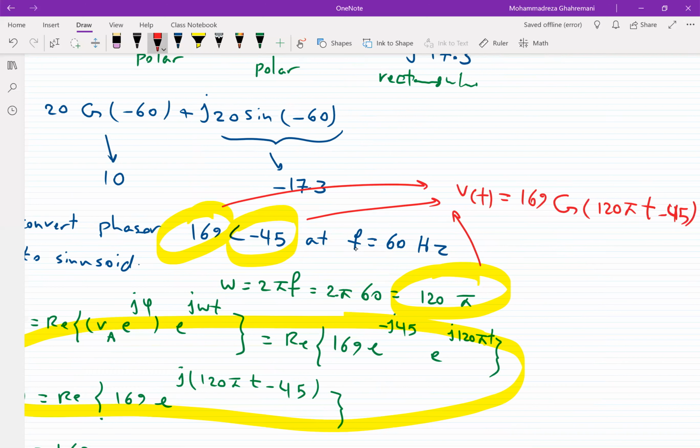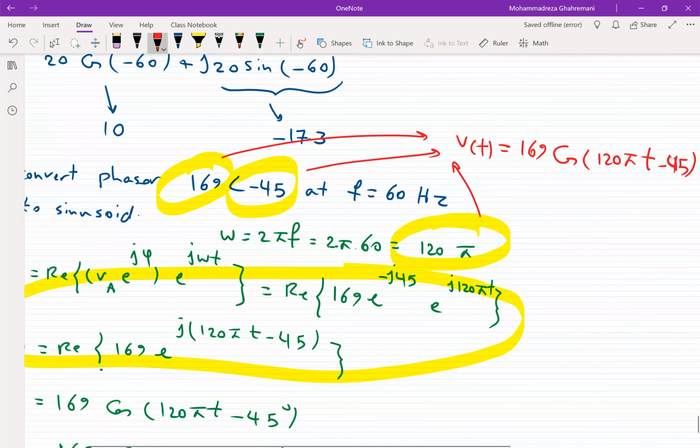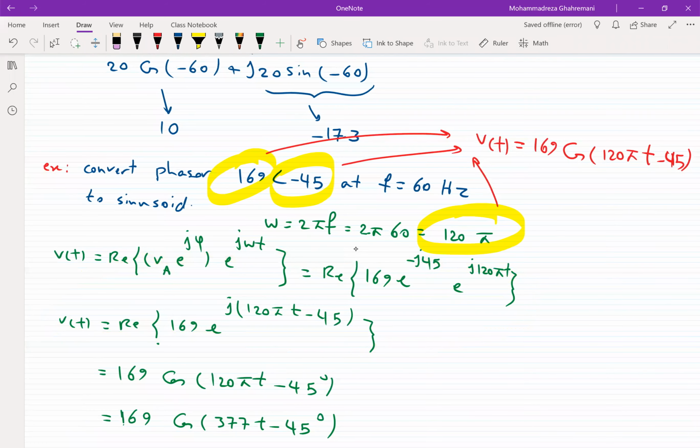We don't need to go through all these details. But for this example, I wrote these details to make it clear how we convert phasors to waveform signals, time domain signals.